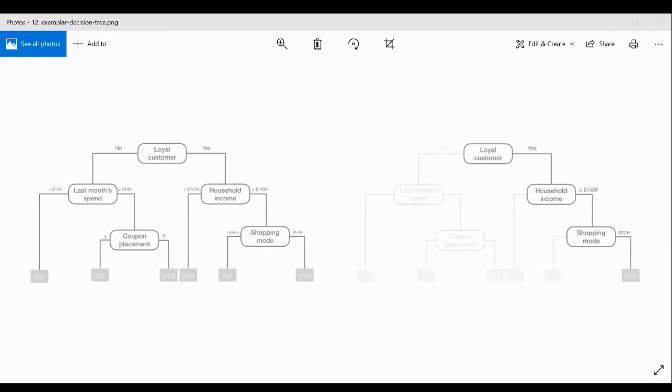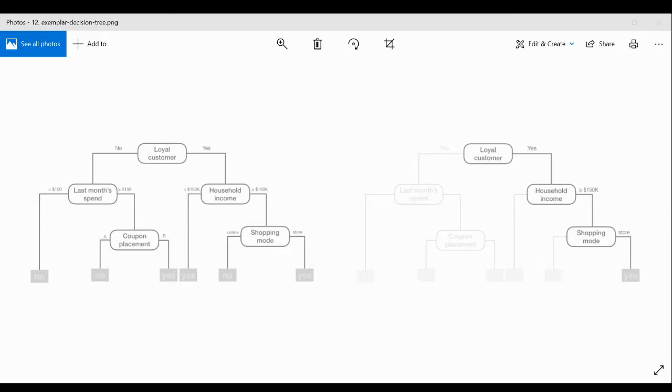Okay. So this uses one of the standard data sets in the textbook, which is a classification problem related to whether or not a customer will redeem a coupon at a store.